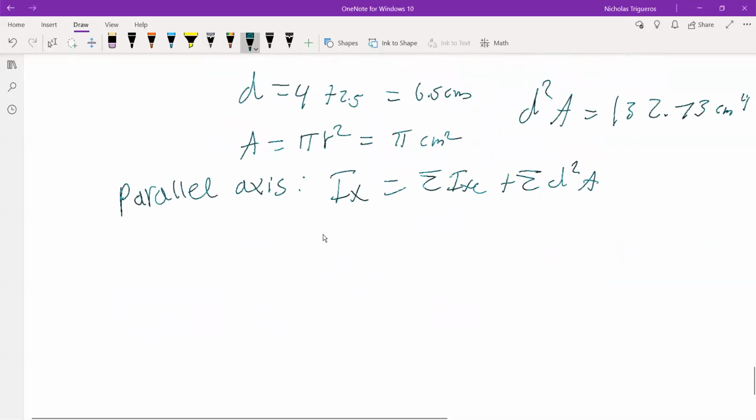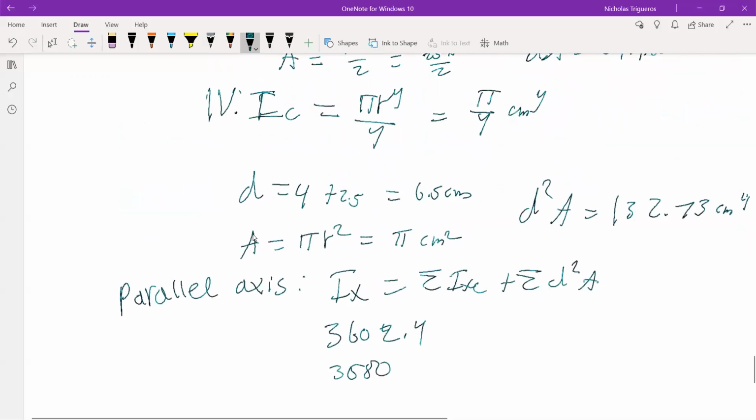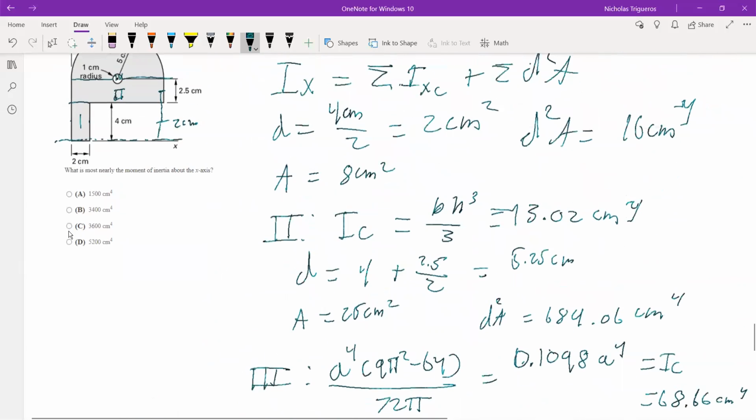Yep, that should give us about 3,602. Around 3,600. Yeah, I got 3,580. Okay, so we got 3,580, which is close to this one. Like those middle two are kind of close.